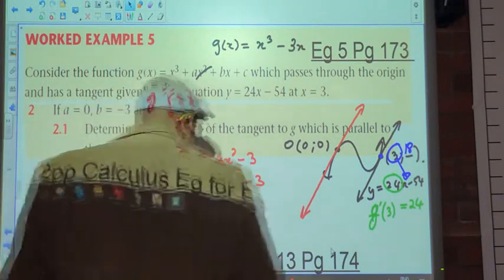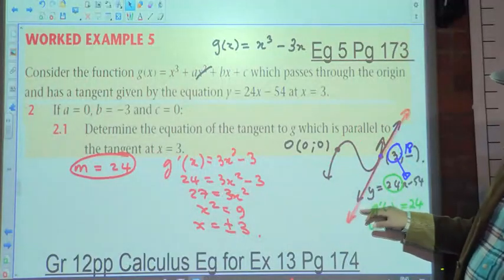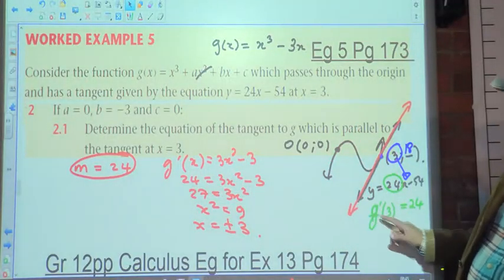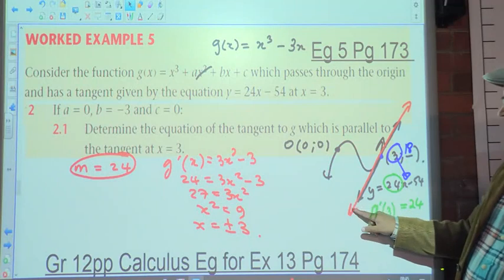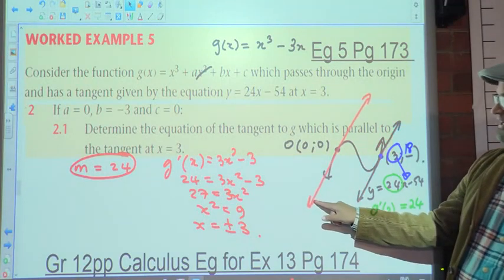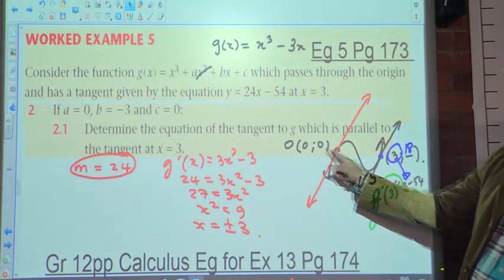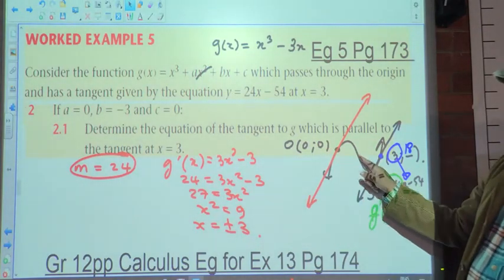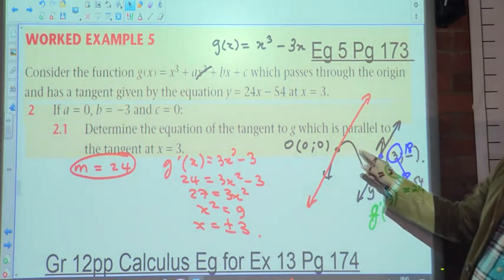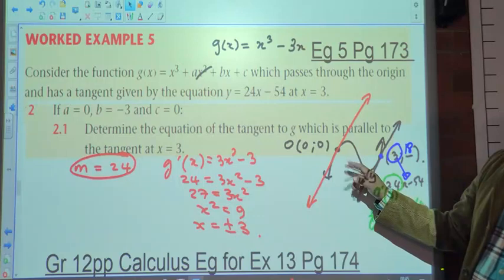Why am I getting two solutions? Because there are two places on this graph where you have a gradient of 24. Can you see that? The one being at 3, which is the one where it is known, and the other one is going to be at negative 3. So I would assume now 0 and 0 to be approximately here at the point of inflection, by the tip. Can you see that, people?